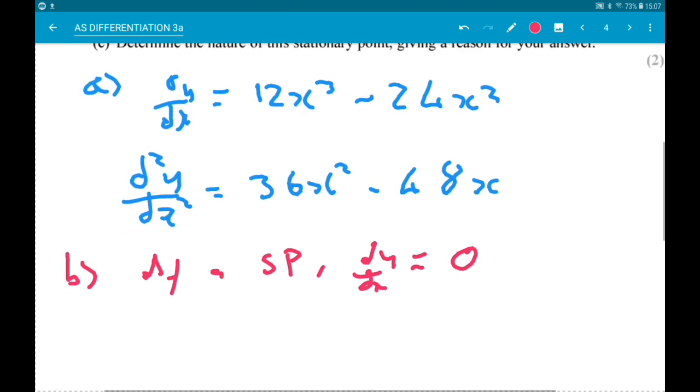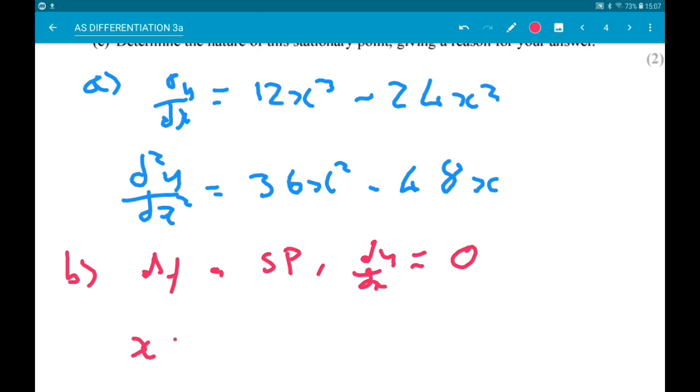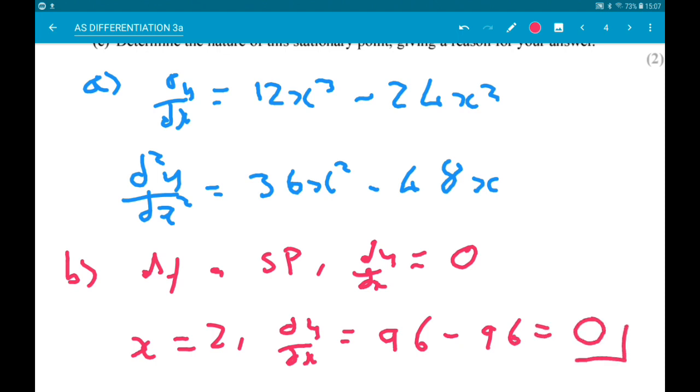Now, when x is 2, dy by dx is going to be 12 times 8, which is 96, minus 24 times 4, which is also 96. Therefore, there is no stationary point when x is equal to 2.